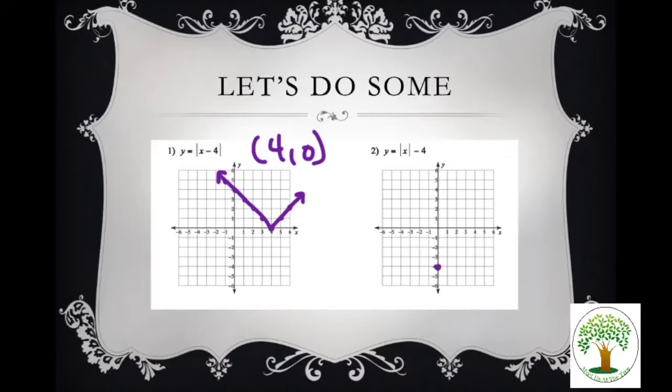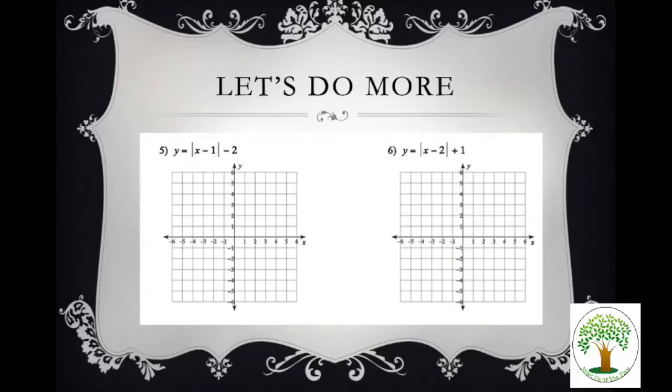And my slope still has an invisible 1 right there, so it goes up 1 this way, and up 1 over 1 to do those corners. There we go. Let's move on to the next one.